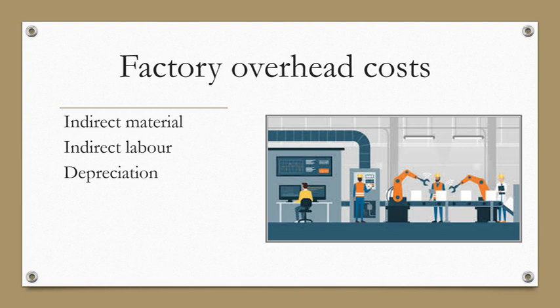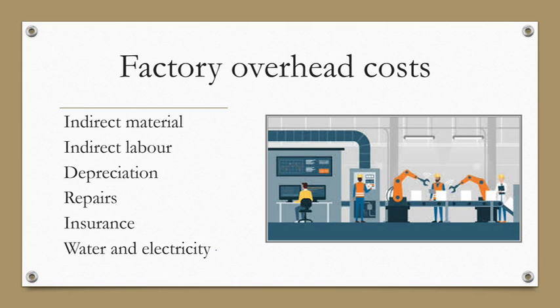Then we have the other overheads: the depreciation on factory equipment, the repairs on the factory equipment, insurance on the factory equipment, water and electricity, and then very often they will give you a percentage, or this will be paid according to the floor space occupied, the same with the rent expense. The rent that will be allocated according to the floor space by the factory and the admin.